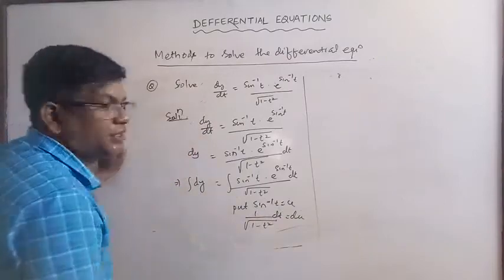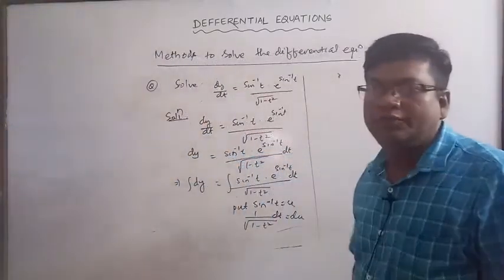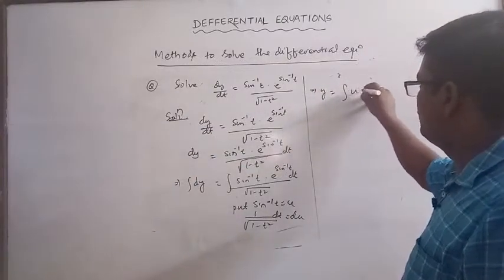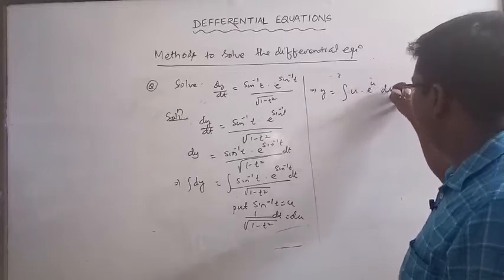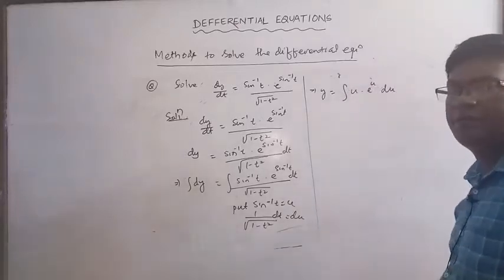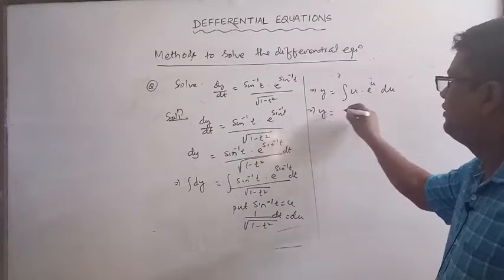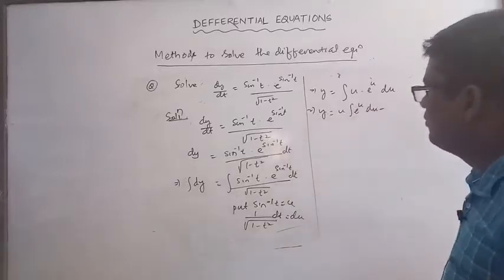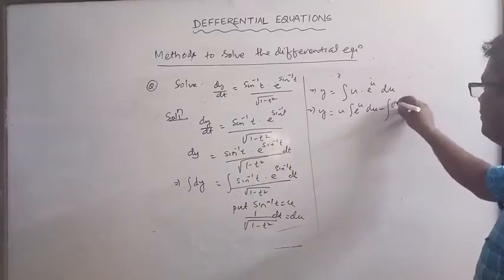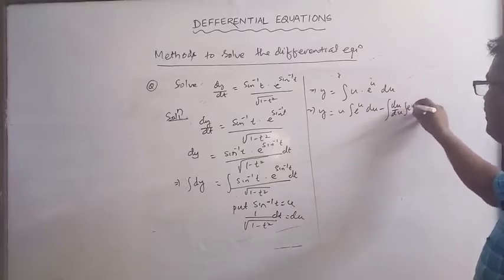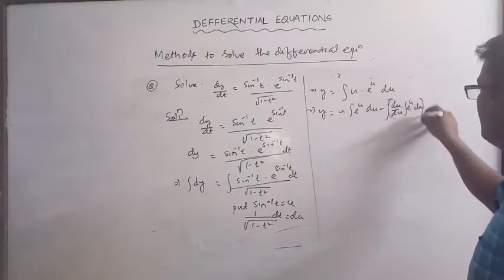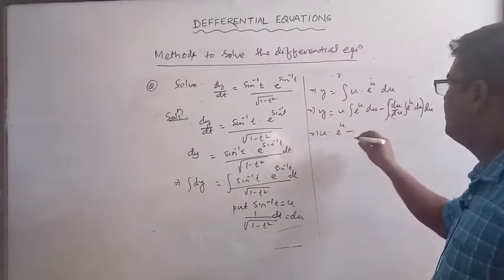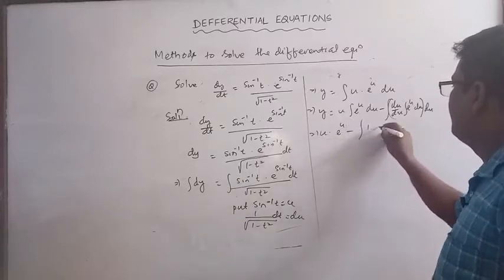So this is equal to y is equal to the integration of u e to the power u du, and apply the by parts formula. So this is u and this is v, u integration of e to the u du minus du by du integration of e to the u du, whole du. So that implies u into e to the u minus du by du 1 and e to the u du.